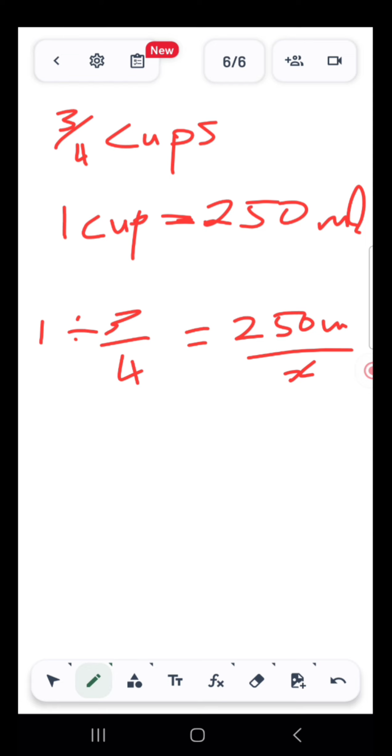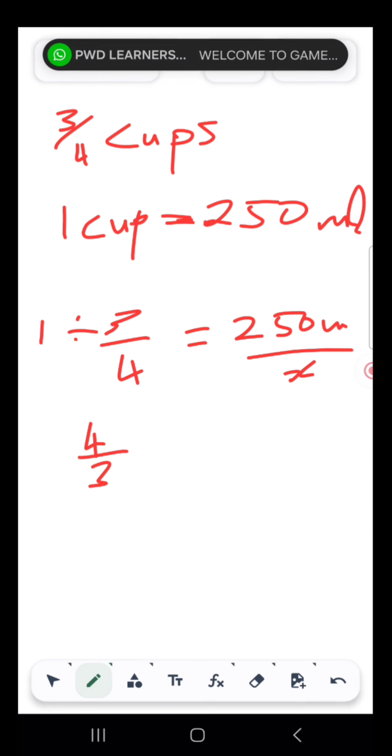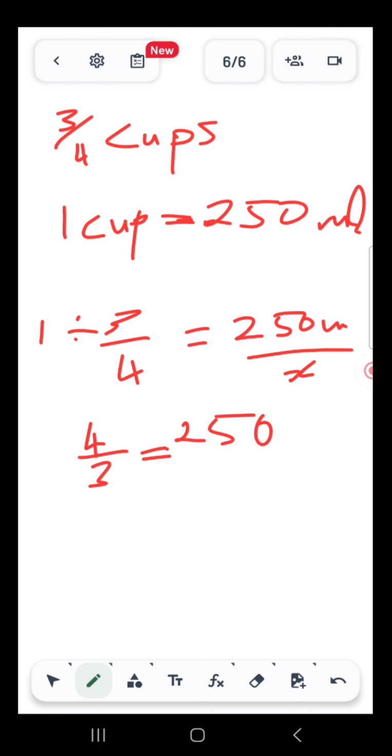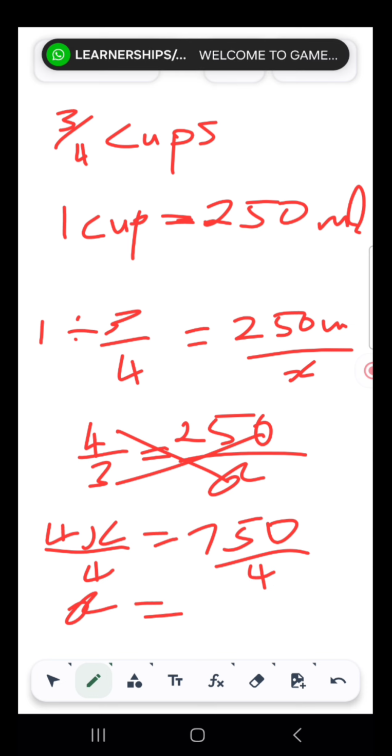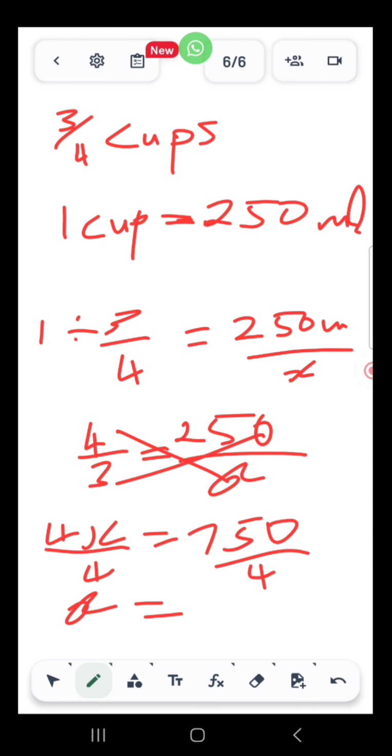When you put this in a calculator, you have 4/3 equals 250 over X. Cross multiply, and you have 4X equals 250 times 3, which is 750. Divide by 4, and X equals 750 divided by 4.